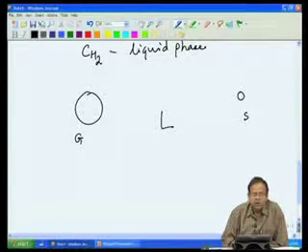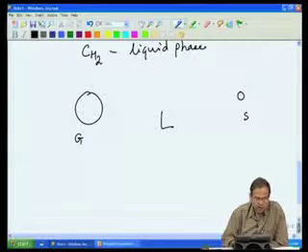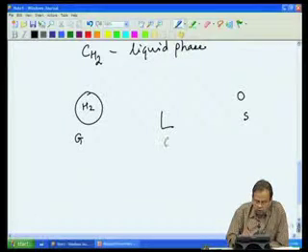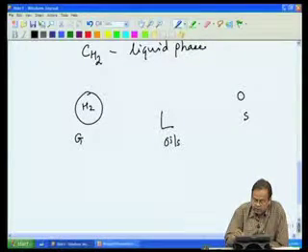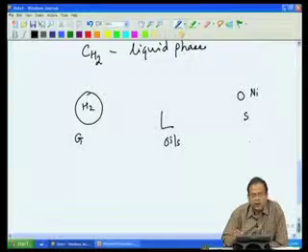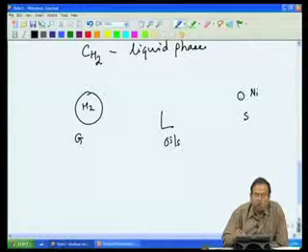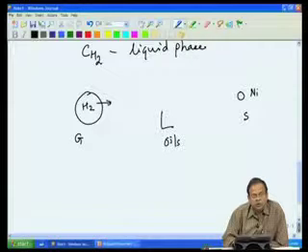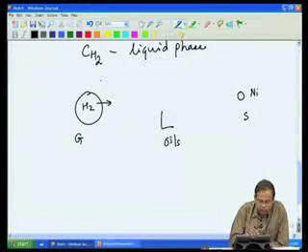Now for this reaction to take place, the following things must happen. Hydrogen is over here, my oils are over here, and this is my nickel catalyst. The reaction has to occur by interaction with the catalyst. So, in other words, hydrogen has to get transported from the gas phase to the liquid phase.